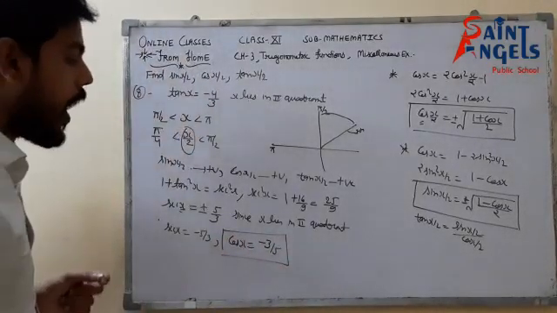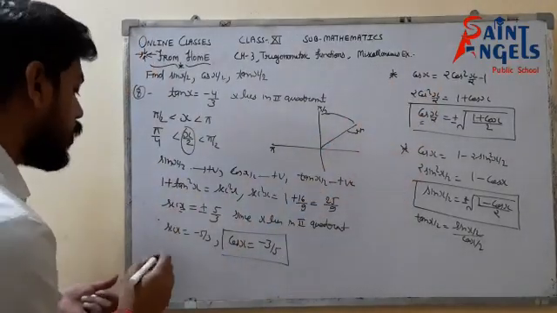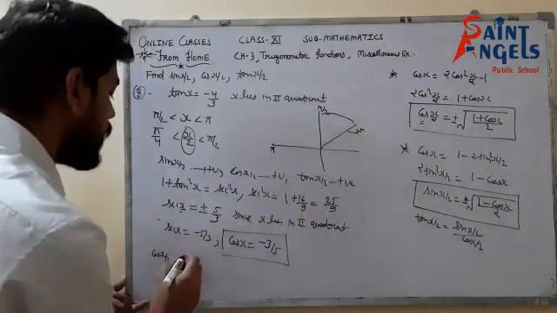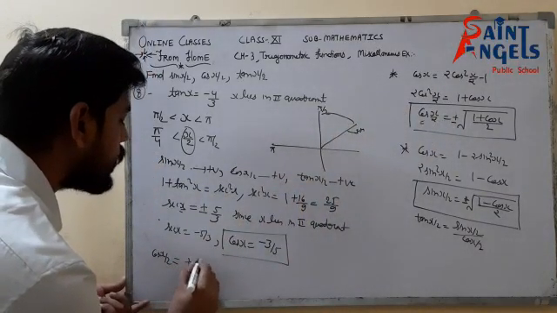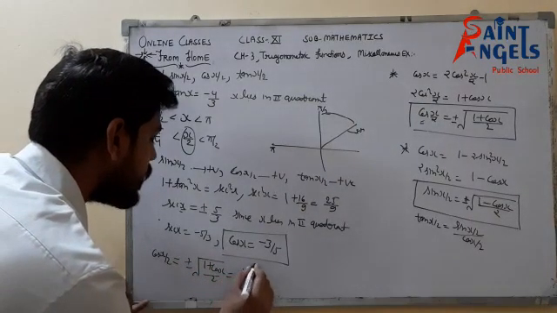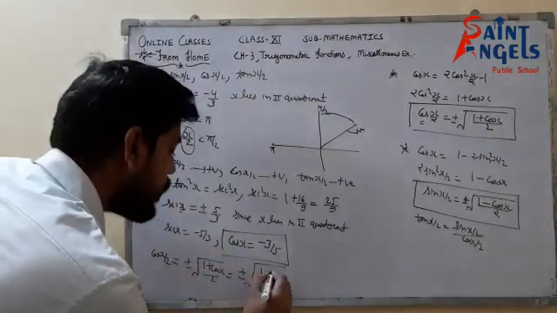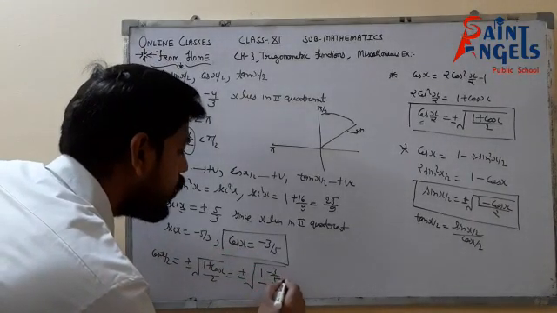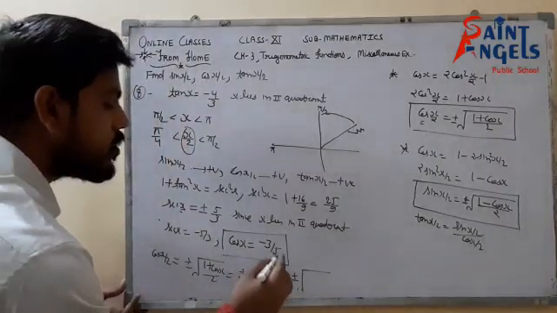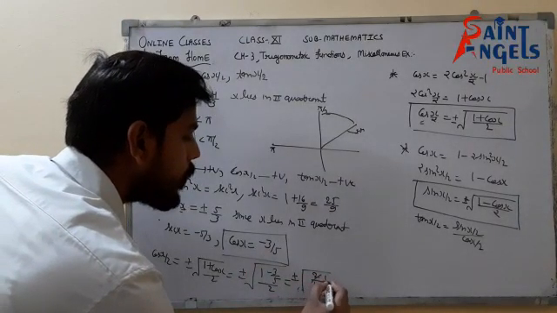So what I have to do is find the value of cos x/2 and sin x/2. For cos x/2, I am directly applying the formula. So cos x/2 would be plus or minus the square root of (1 plus cos x) upon 2. It means plus or minus the square root of (1 minus 3/5) upon 2, so that would be (5 minus 3) is 2 upon 10, which is 1/5.